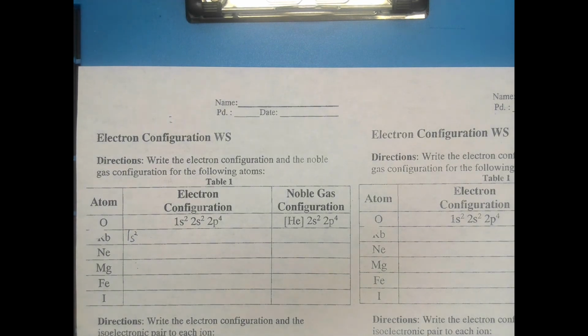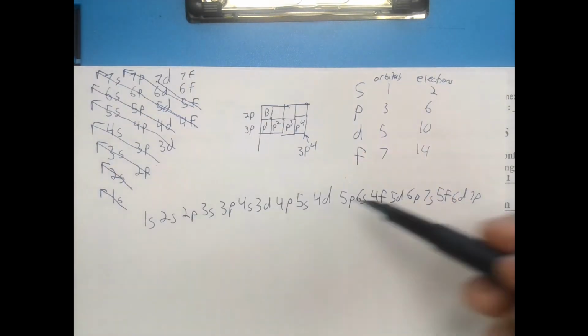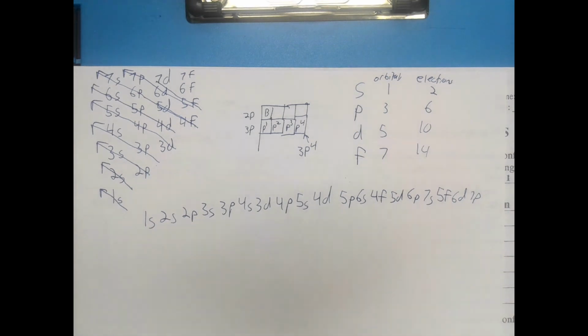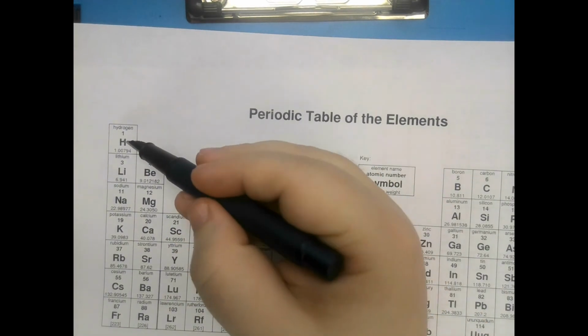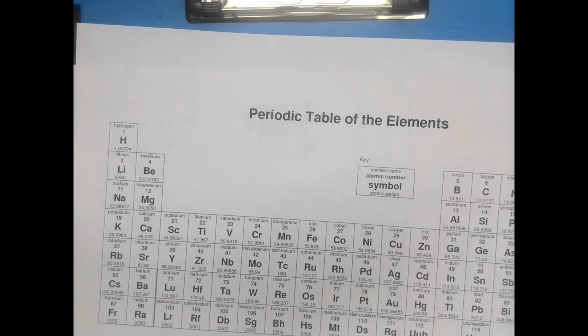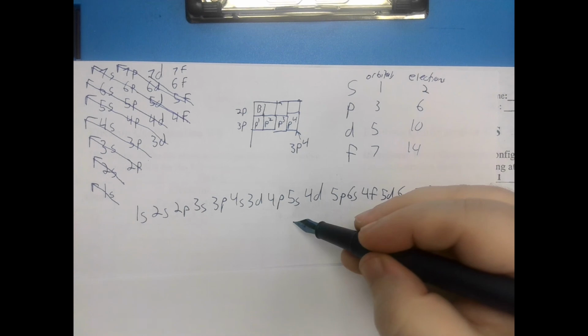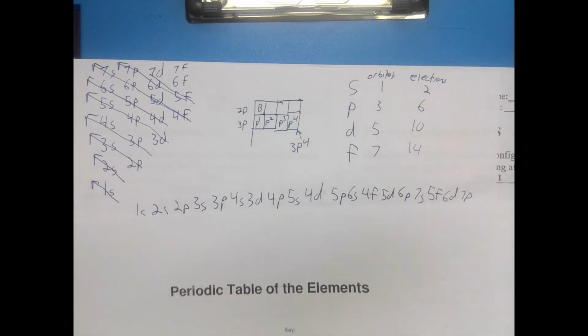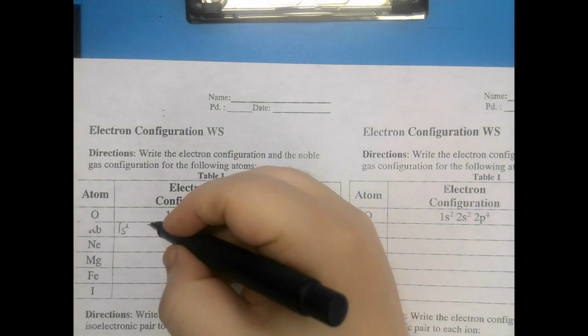Or you can use this and just know that 1, 2, 3, 4, 5 is the 5th S. I'm going to stop at the 5th S, so I'm going to stop right here and just copy that down.